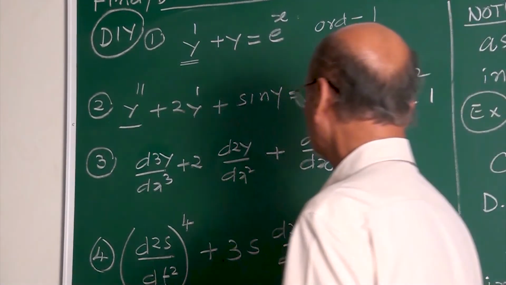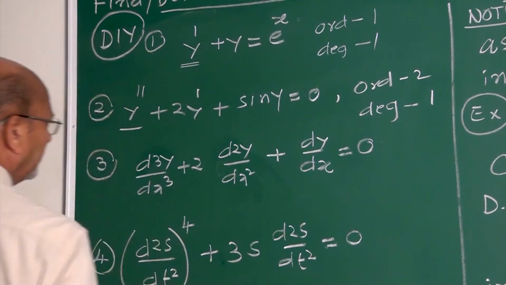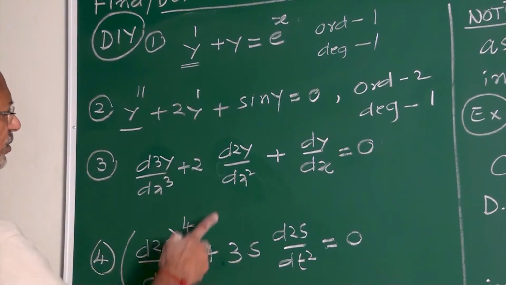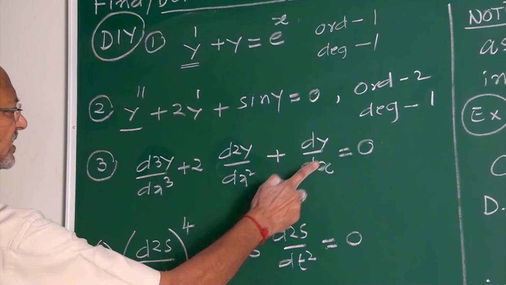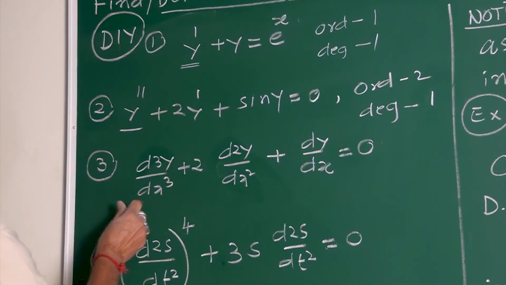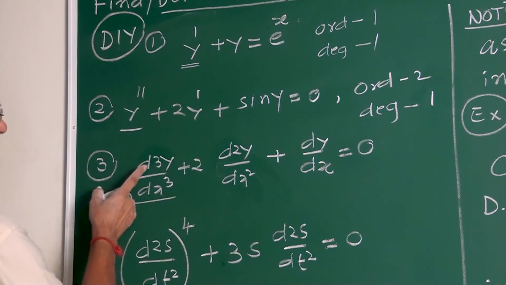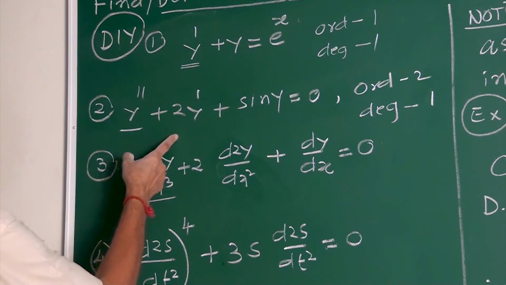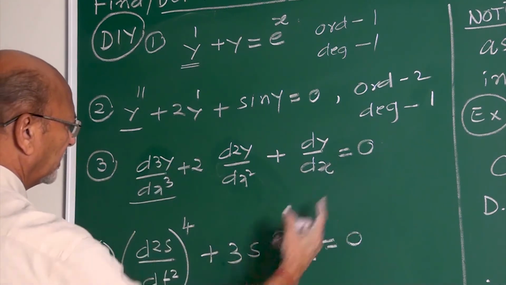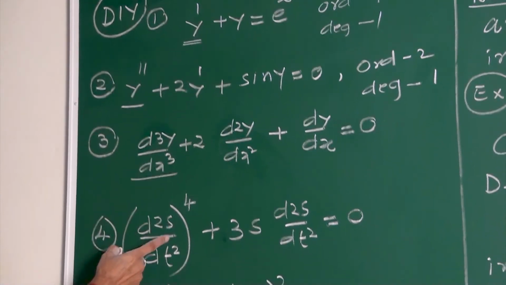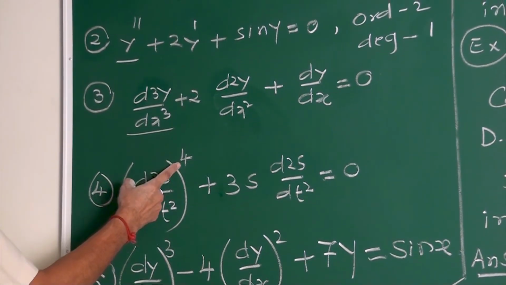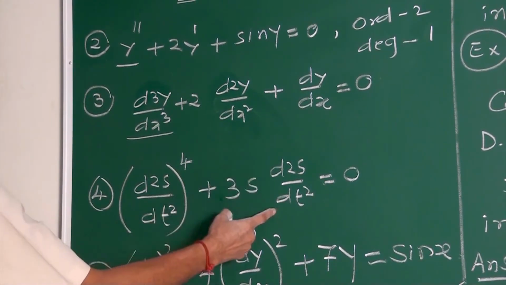In the next, my friends, d3y/dx3 plus 2 into d2y/dx2 plus dy/dx. Here the highest order is 3, my friend. What is its power? 1, right? 3 and 1. Next, (d2s/dt2)^4 plus 3s into d2s/dt2.